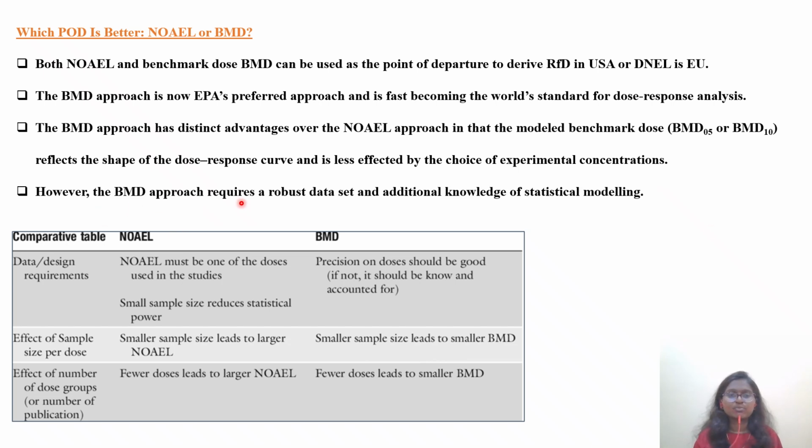However, the BMD approach requires a robust data set. As I said, you need 10, 20, 30 studies. Then only you can put it in the software. Then it will generate a single dose response curve where each and every data point can be used. It needs additional knowledge and statistical modeling. I don't think this software is freely available.